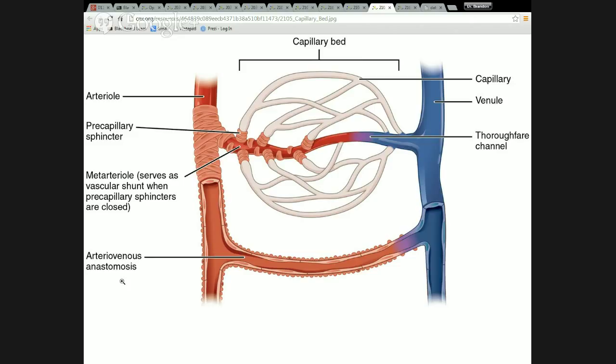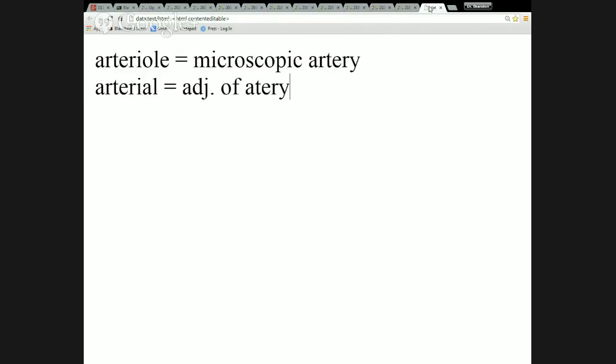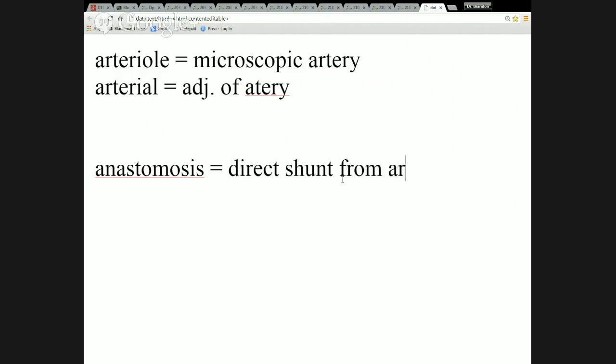It kind of cuts off here in the projector, but anastomosis is A-N-A-S-T-O-M-O-S-I-S. Let me just spell that word out. This is a direct shunt from arterial to venous circulation.